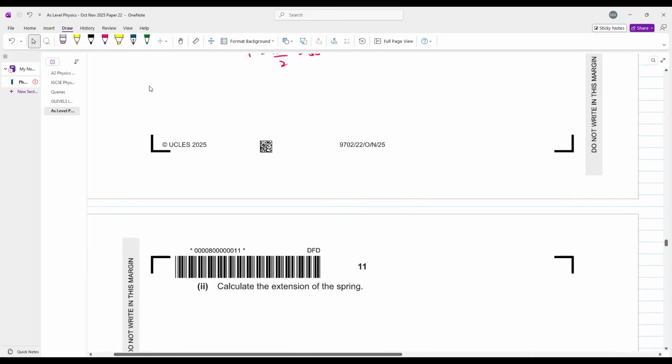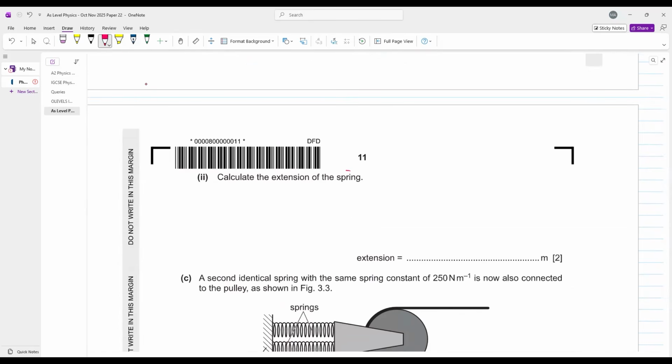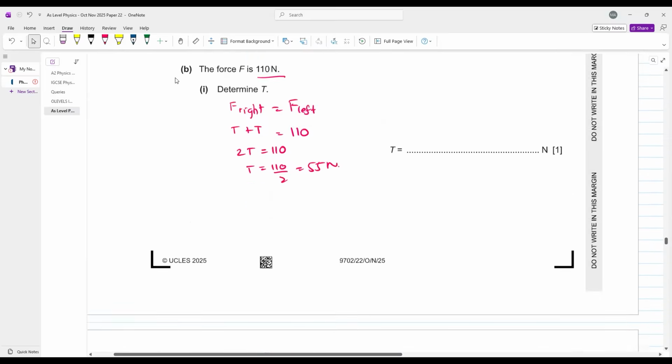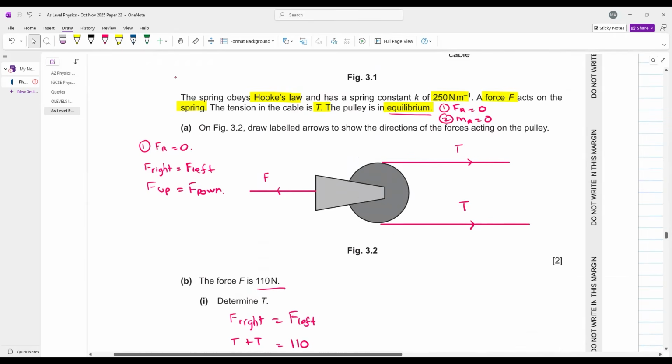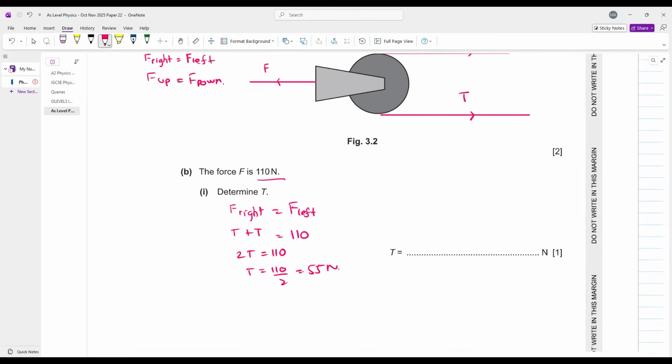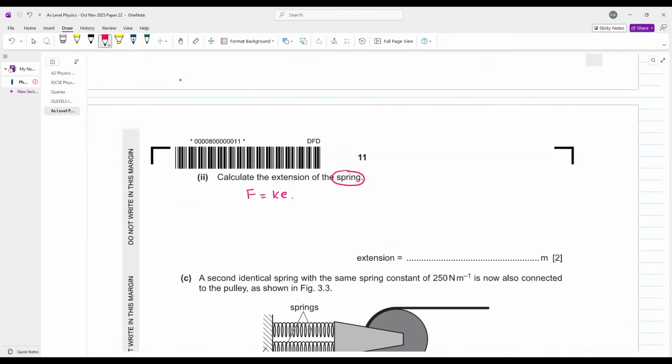Let's further move ahead. Calculate the extension of the spring. Do you remember F is equal to K E? What is the force on the spring? Beta, how much force is acting on the spring? Yeah, F is 1110 Newton. Perfect. We put 1110 here. What is the value of K?